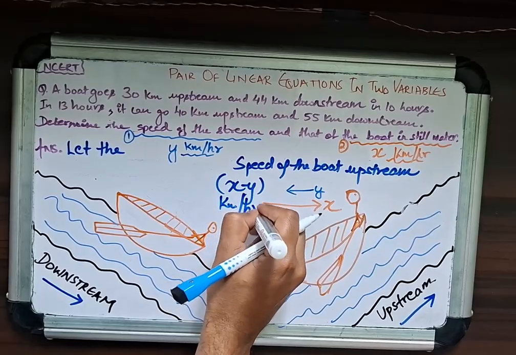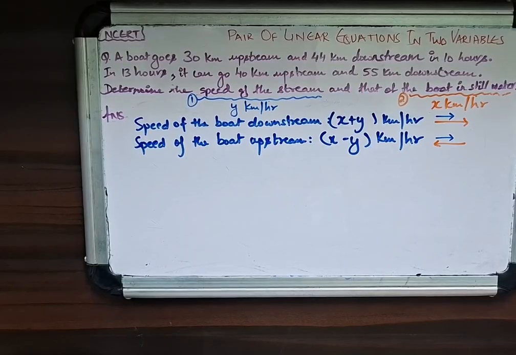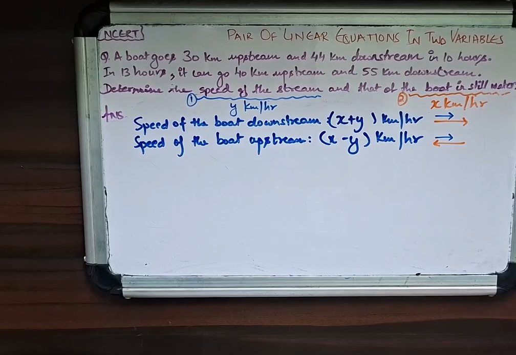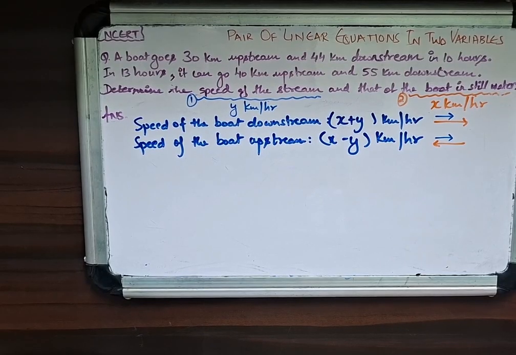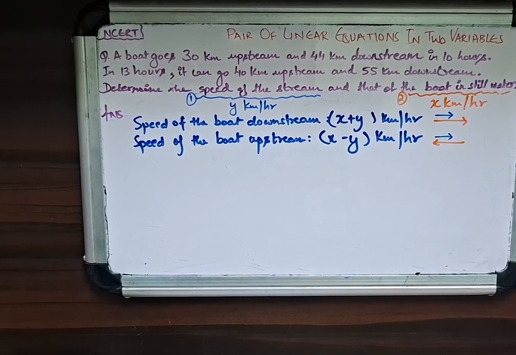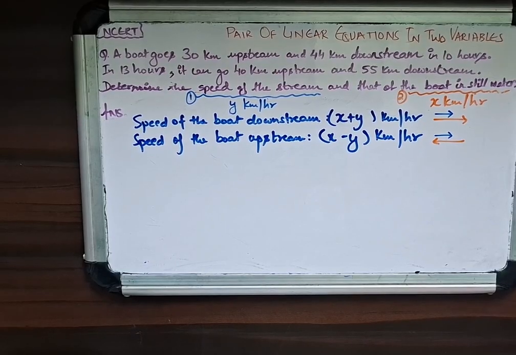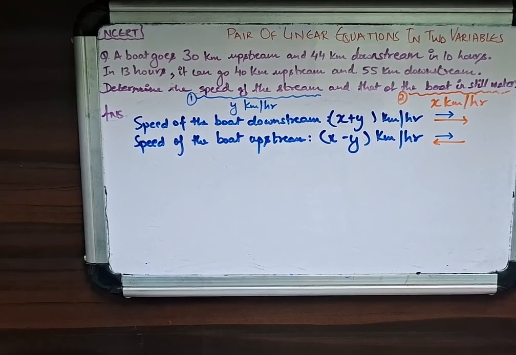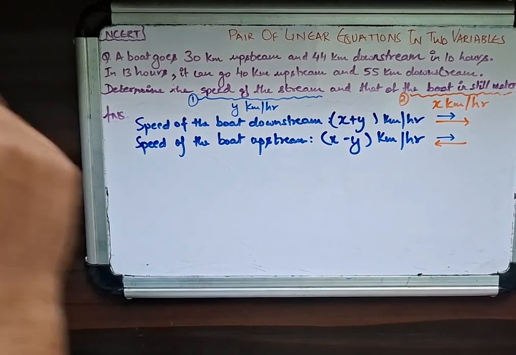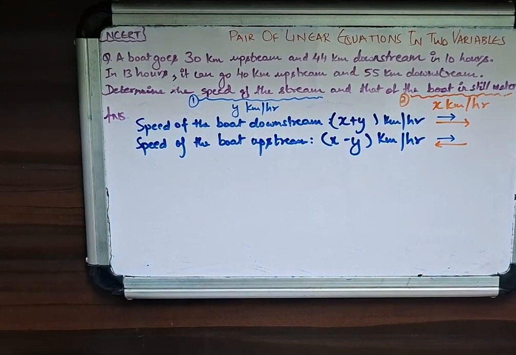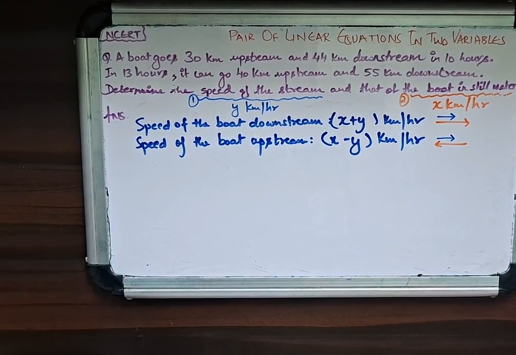kilometers per hour. For the next phase, we need a pair of linear equations that will help us reach the solution. If you look at the question carefully, the first two statements will help us figure out the two linear equations.